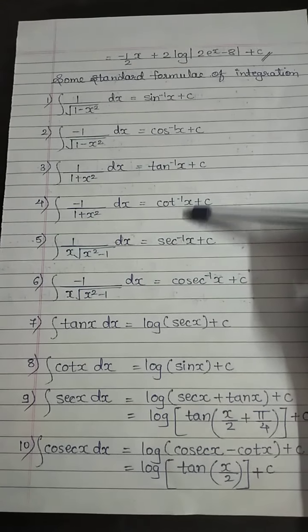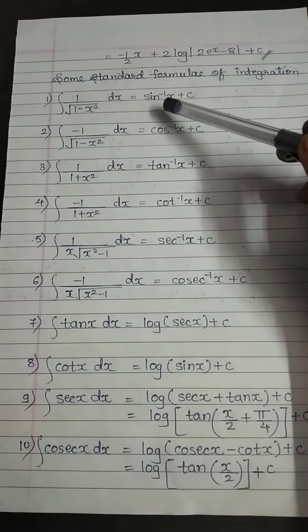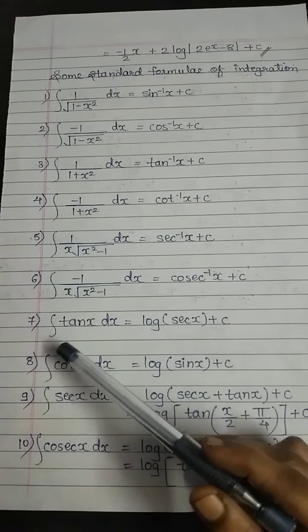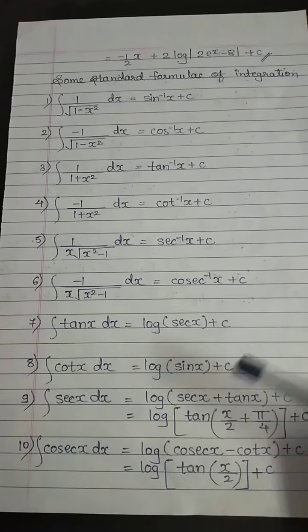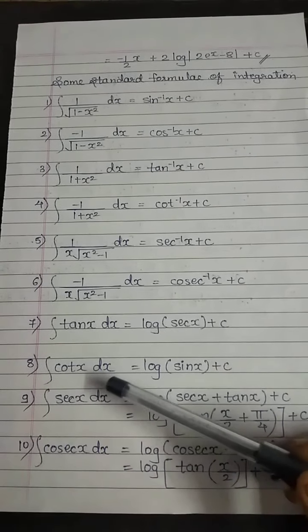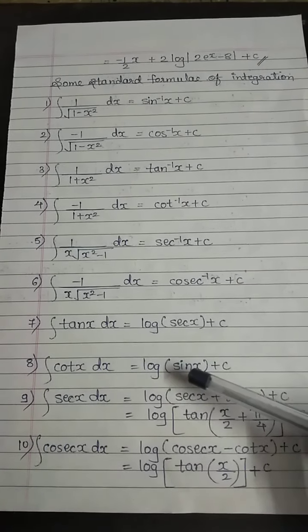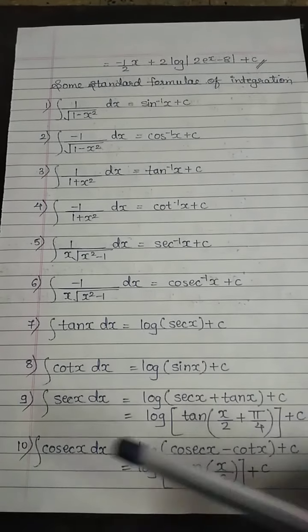Now here no need to learn all these formulas by heart because you already know the formulas for derivatives. This is just the inverse part of that. So integration of tan x dx is equal to log mod sec x plus c. Integration of cot x dx is equal to log mod sin x plus c.